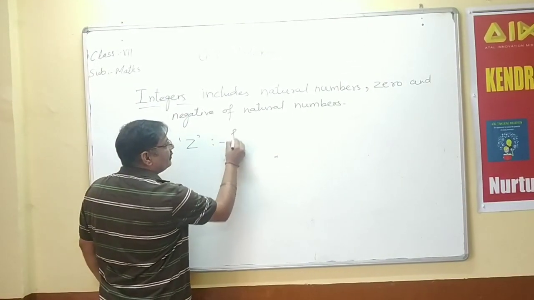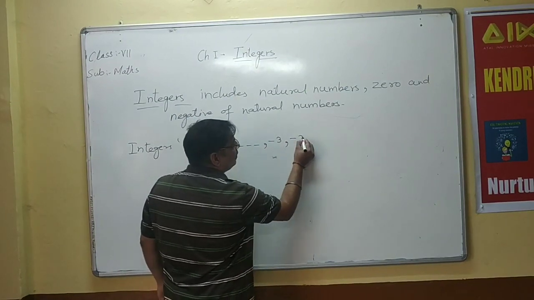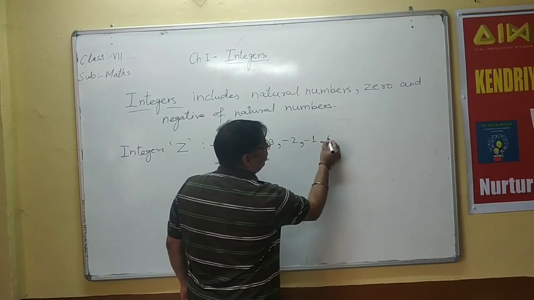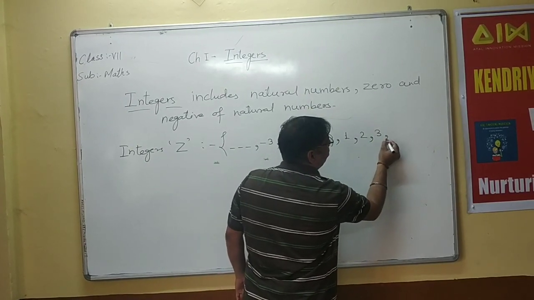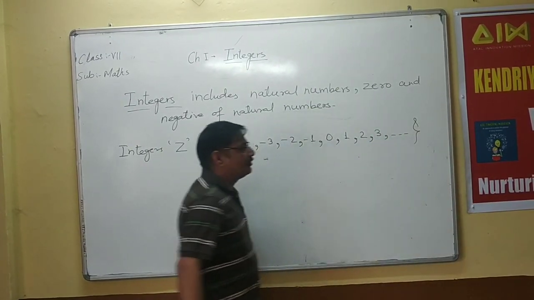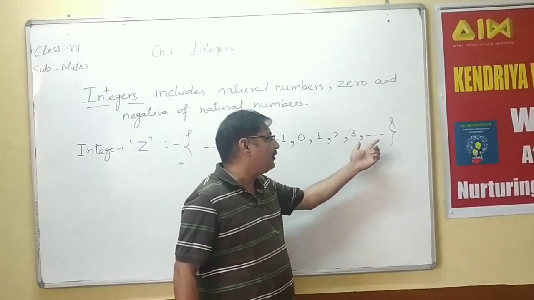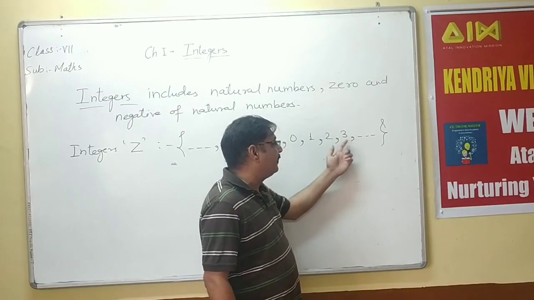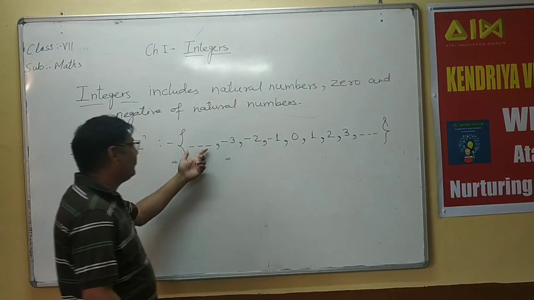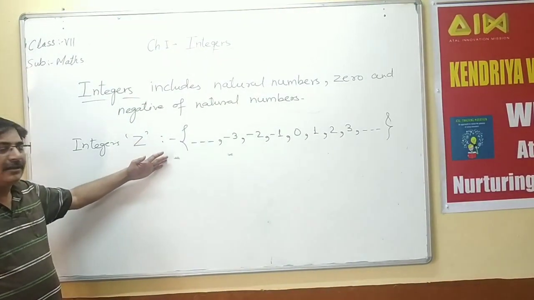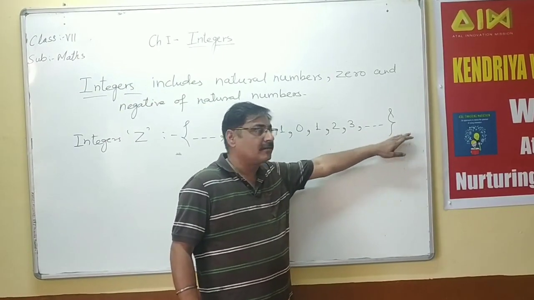So integers include negative numbers, 0, and positive numbers. The three dots here indicate that there is no last integer, and there is no first integer.